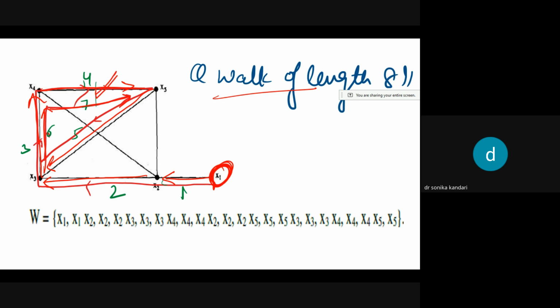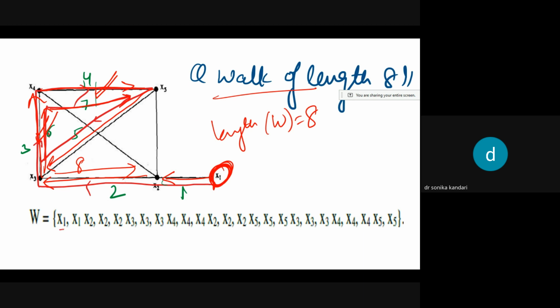So we have repeated here, and we have repeated here. This is a walk. Is it clear? And suppose we have taken this direction, 8. So what is the length of the walk? The length of the walk will be 8. Is it clear? It depends upon the edges that we have covered.